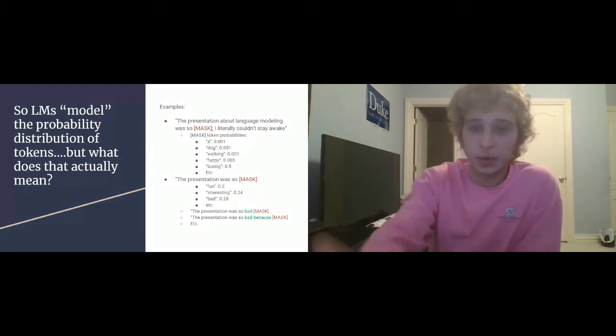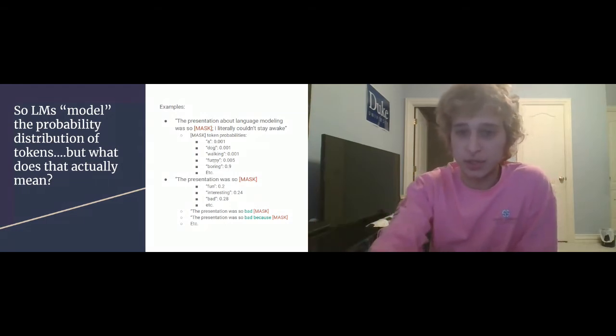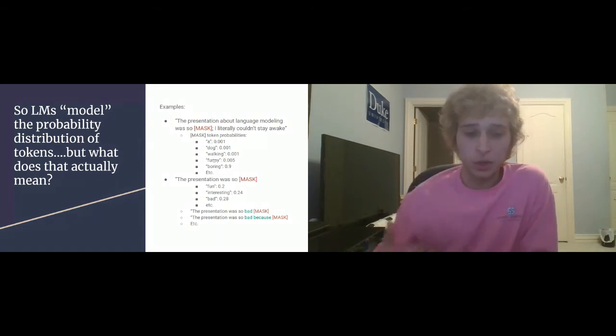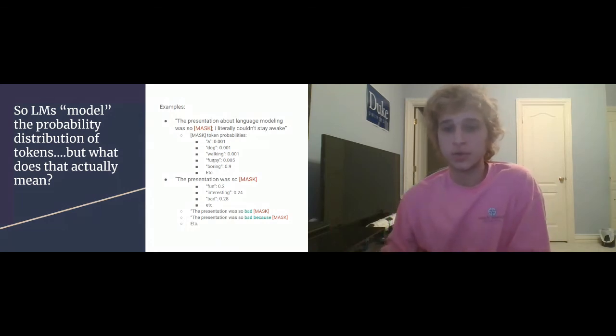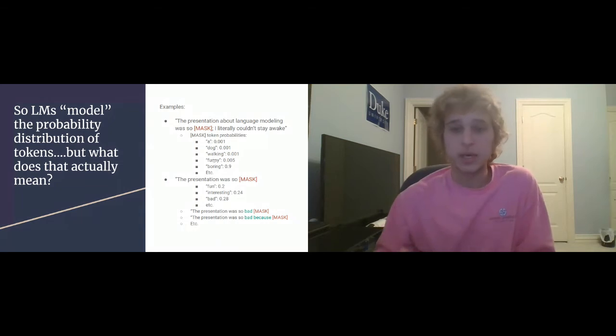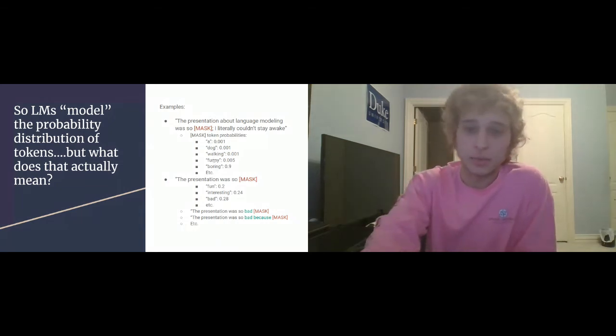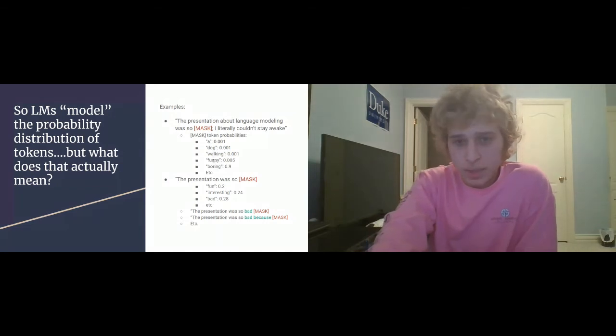Of course, the vocabulary, the set of tokens the model can output, will be relatively large, like 50,000 or 100,000 tokens. These can be words or characters, depending on how your tokenizer is set up. But the model will output a probability for each of these tokens.